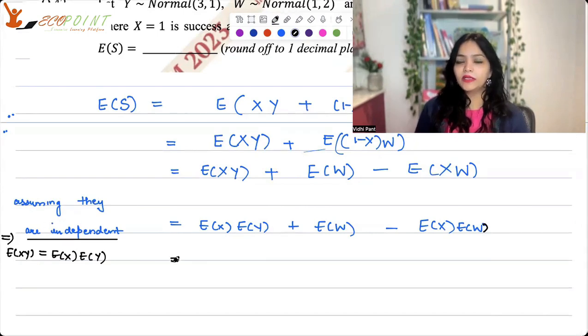Now we have the expected value of all these random variables. We know, because it's a normal distribution, that the parameter is mu.